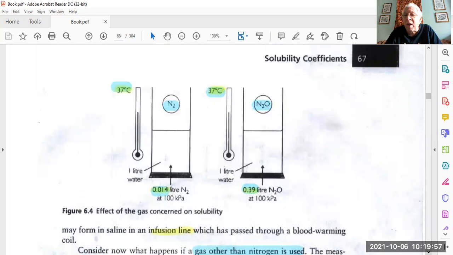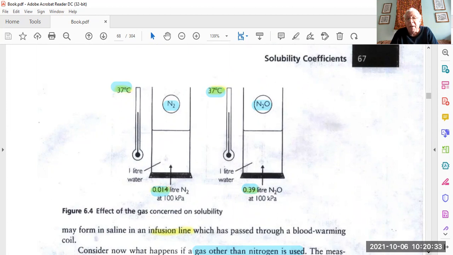The third factor affecting solubility, as we can see from the figure, we have two cylinders. In one we put nitrogen exposed to the liquid, and in the other, the liquid is being subjected to nitrous oxide. The temperature is 37, which is the normal human temperature. We can see that there is less absorption of gas in the liquid with nitrous oxide in comparison to nitrogen.